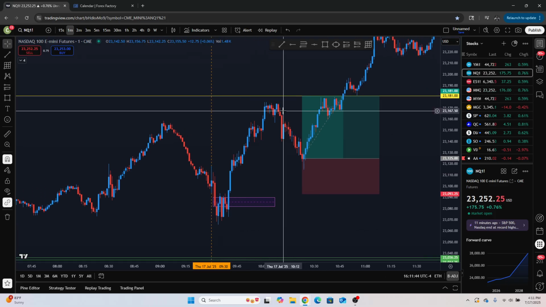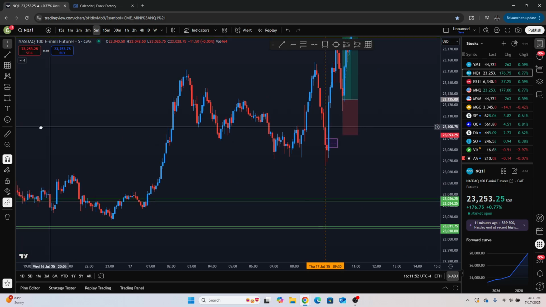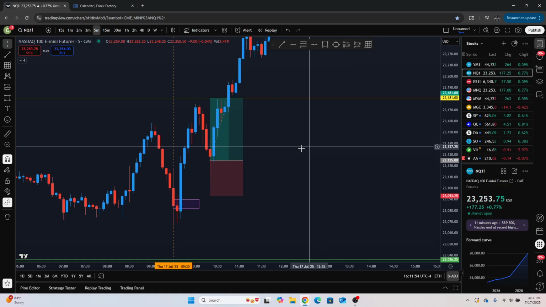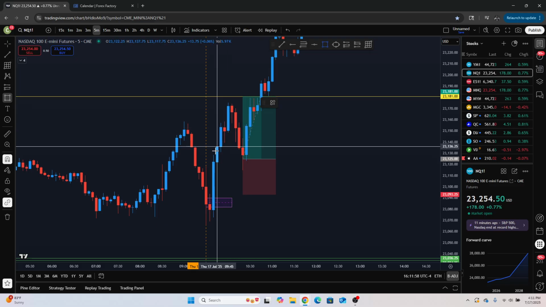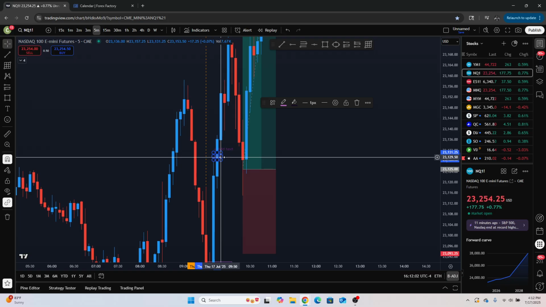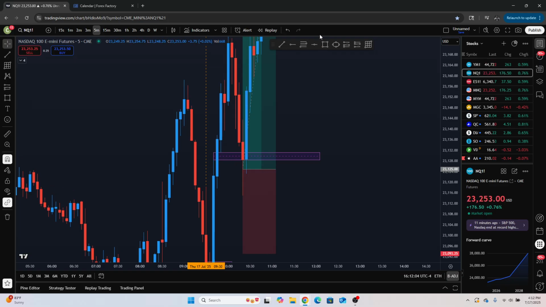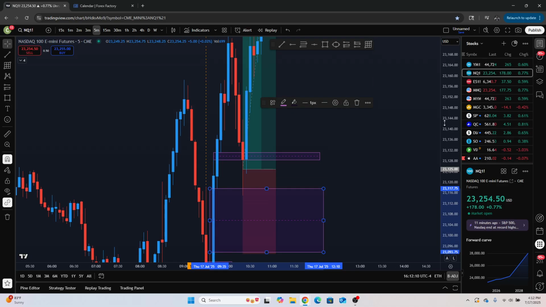And then we're being patient, and we wait for some sort of confluence to get filled. In this case, it was a fair value gap. This one, let me just mark it out for you guys right here. Bodies of the candles respecting it, and we have this one where it just dipped into it.